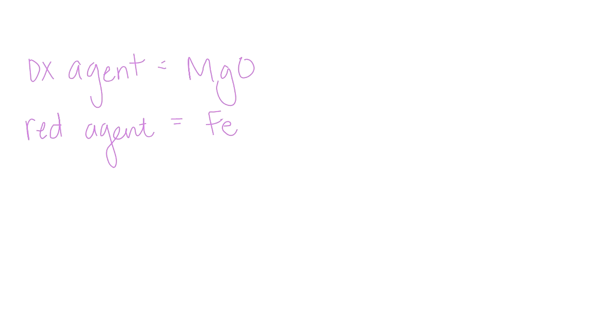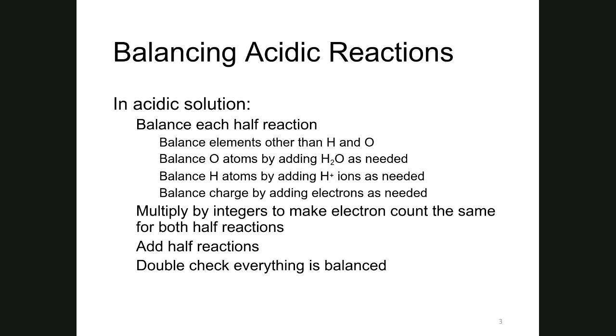So we're going to take it up a notch, and we're going to look at redox reactions that are being done in solution. And particularly, we're going to break things down based on if it's in an acidic solution or a basic solution. So the first thing we're going to do is take a look at acidic solutions.